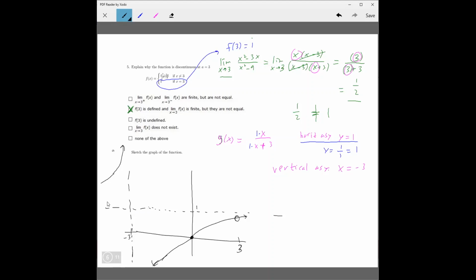Oh, it has a hole here. That's true. But it's going to be defined right here because of this piece right here. f of 3 is 1. It's actually defined right there on the asymptote. And I guess this is lower. This should have been at 1/2. Whoa, this is really bad. Worst drawing ever.